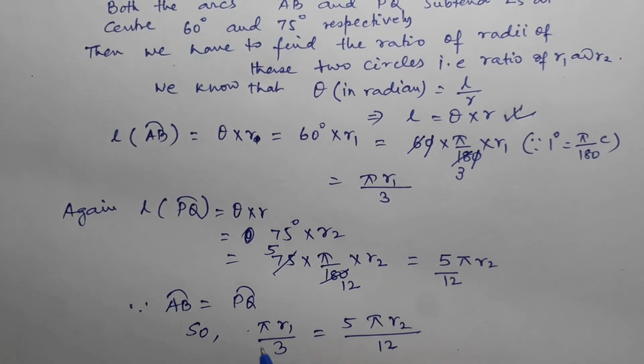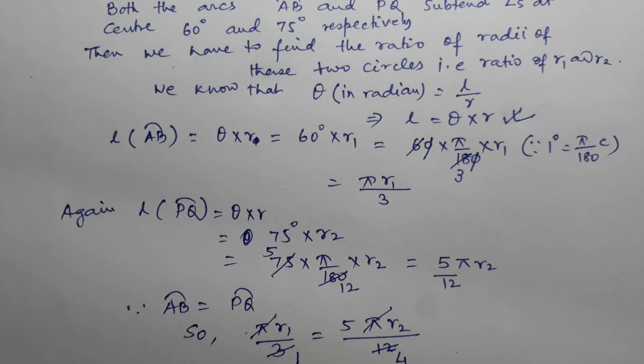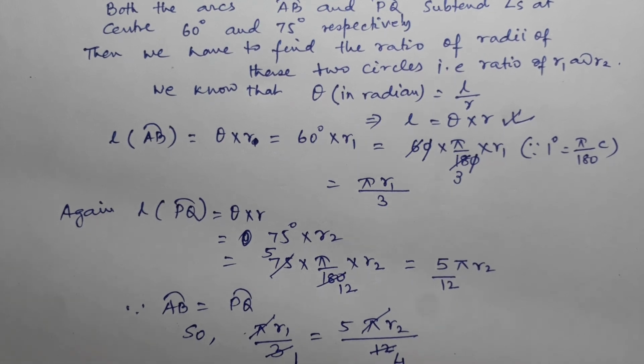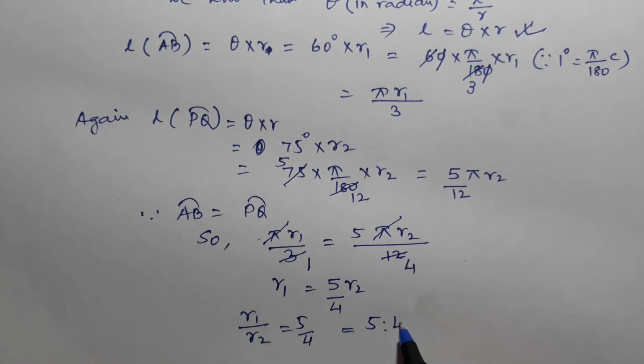Okay, so this pi is on both sides in the numerator, so it will be cancelled. This 3 and 12 will be cancelled by 3, so it will be R1 equal to 5 R2 by 4. So this R2 is to be transposed to this side. So R1 by R2 will be 5 by 4, that is 5 is to 4.